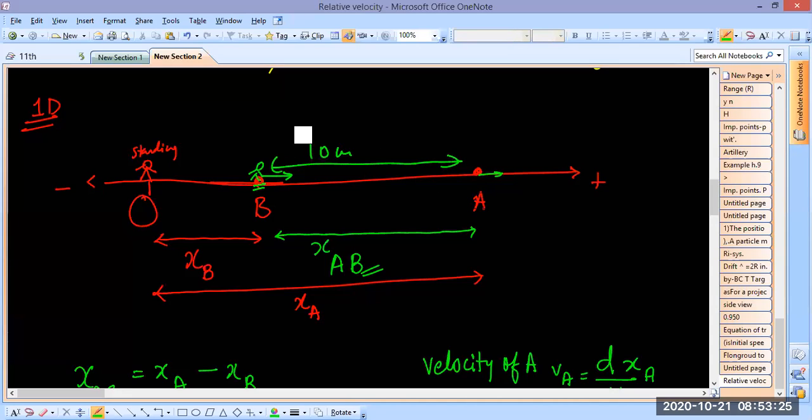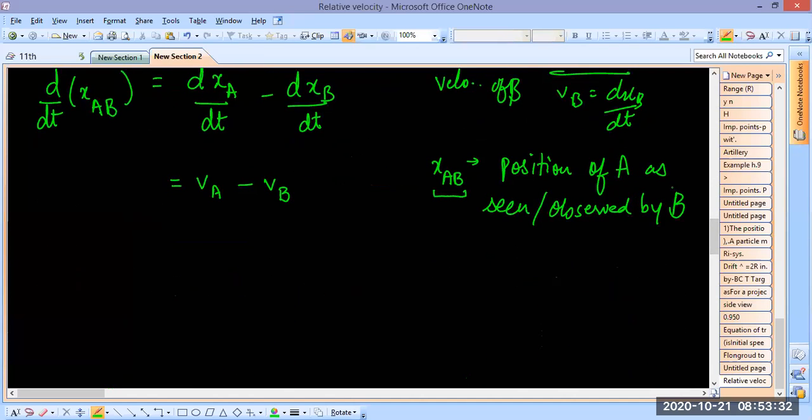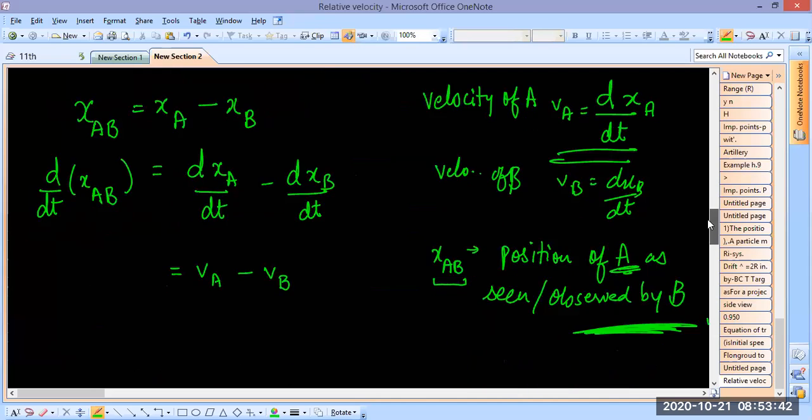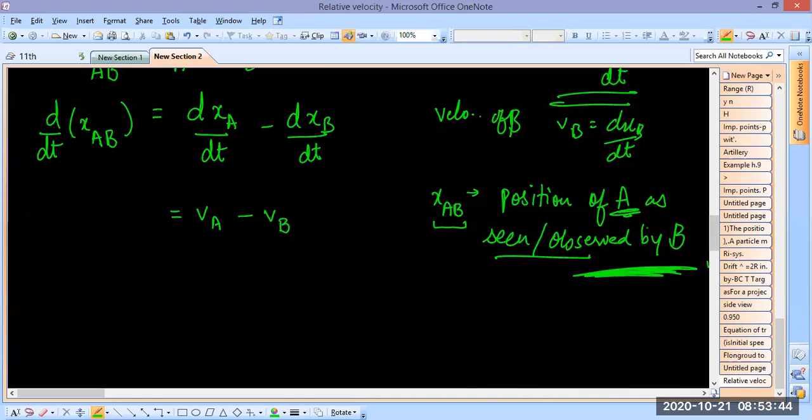So the distances could change. That's why B is observing A, continuously noting how much ahead A is. So position of A as seen or observed by B is written as xab.